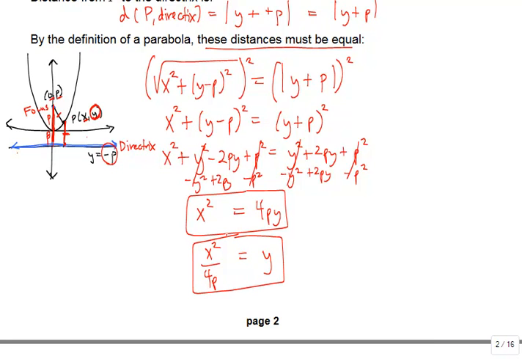So what we just came up with is if we force these two distances to be equal, it forces us to be on a curve that has to have this type of an equation, which is exactly what a parabola looks like from our algebraic viewpoint, because it has an x squared and it has a y to the first. So let's summarize our results here.